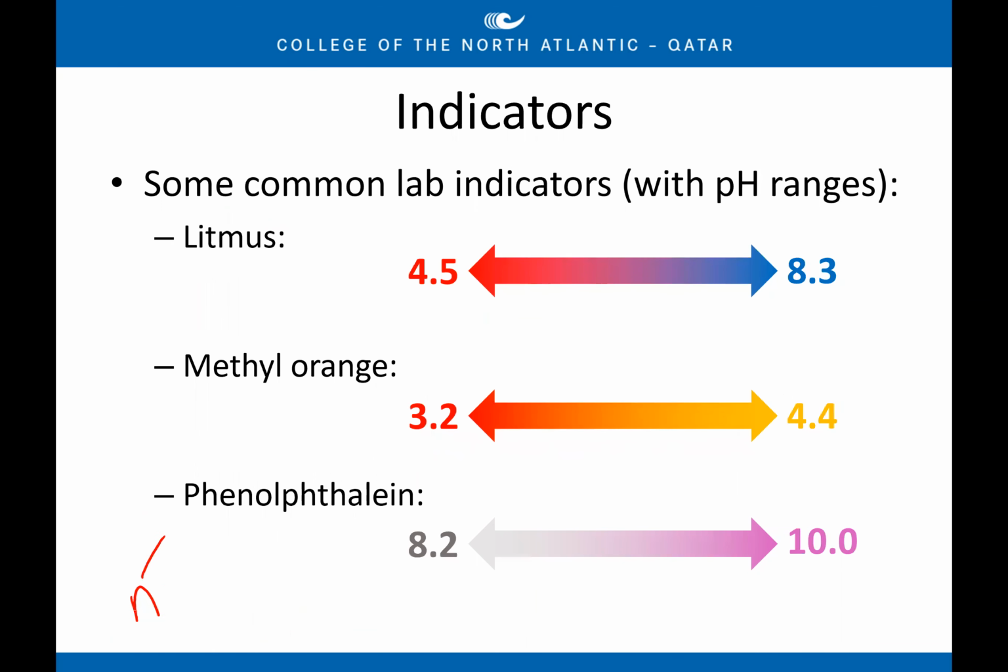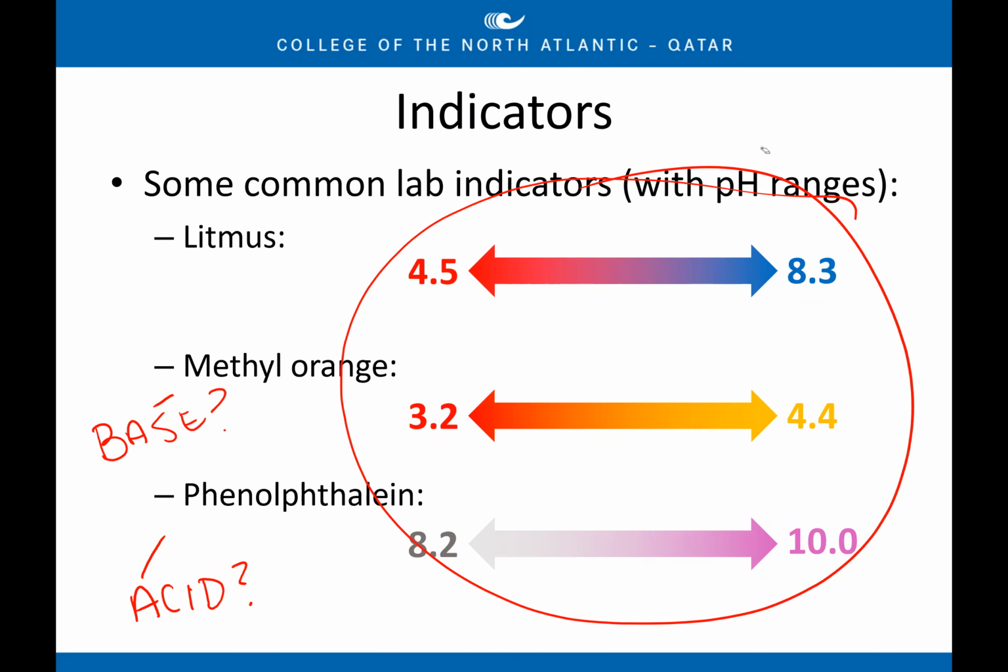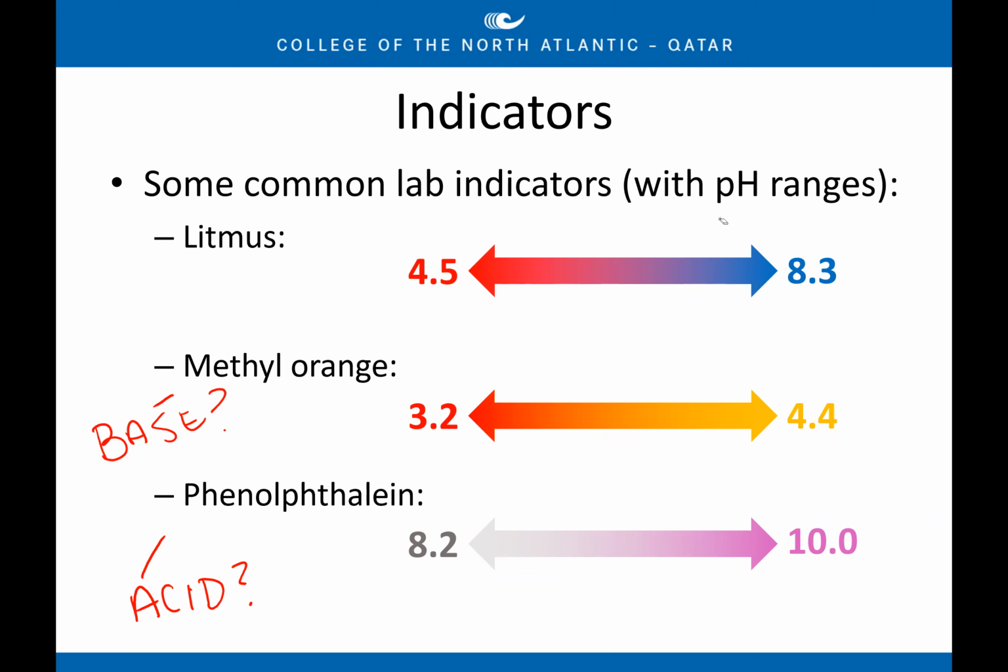It's asking what color is phenolphthalein in an acid, and what color is methyl orange in a base? Now, guys, you do not have to memorize this. If you got this question on a test, we would give you this information. You do not need to memorize pH ranges. That would be insane.